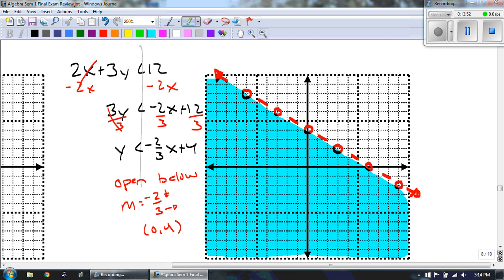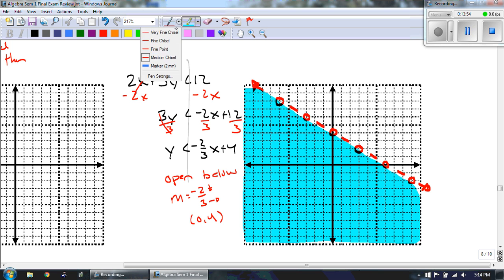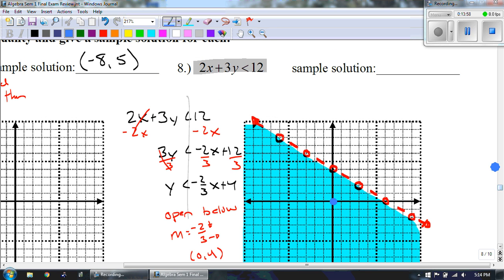Okay, and a sample solution, anything that's in there, you know me, I like to go for the easy points, and that is 0, 0. But anything in the shaded area will work.